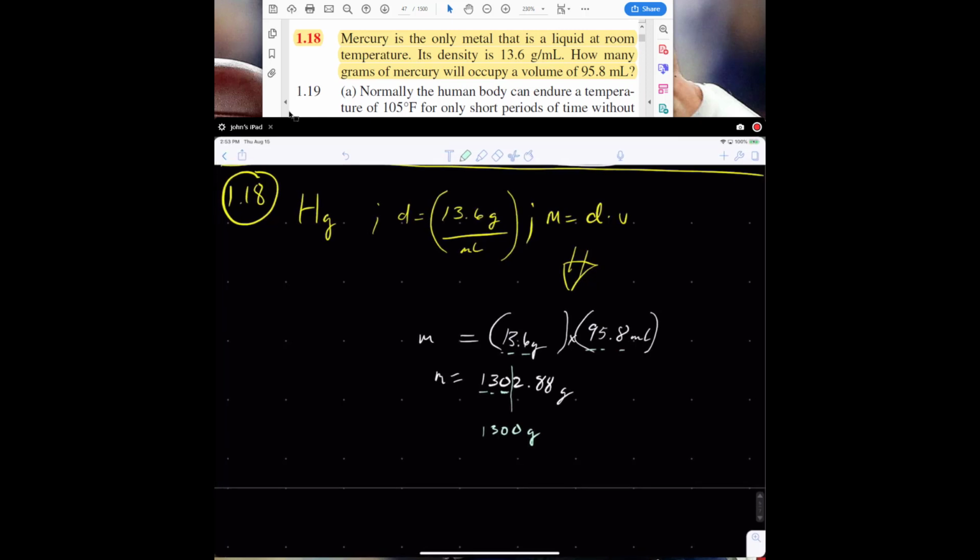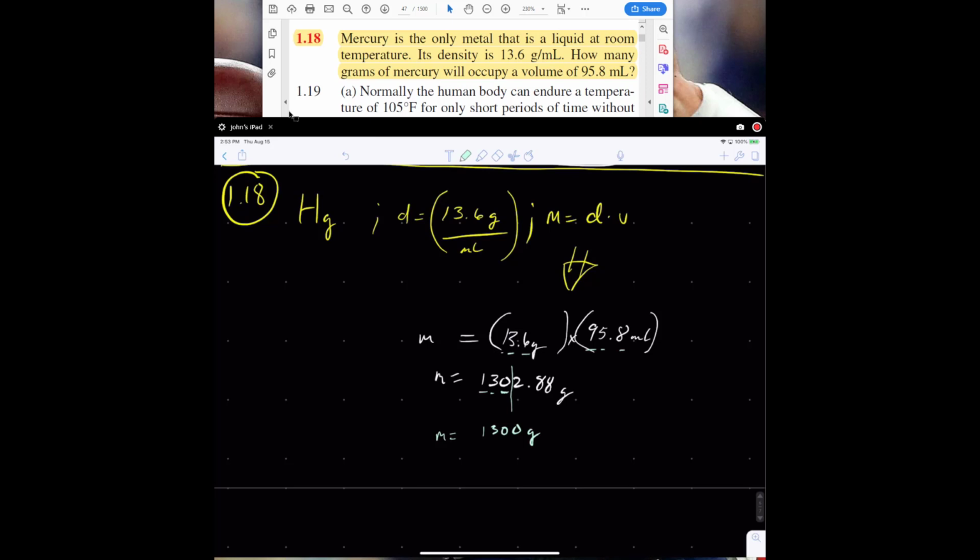So to convert 1,300 grams into scientific notation, we have to make the number n a number between 0 and 9. It can't exceed 9.99999. It's got to be less than 10.